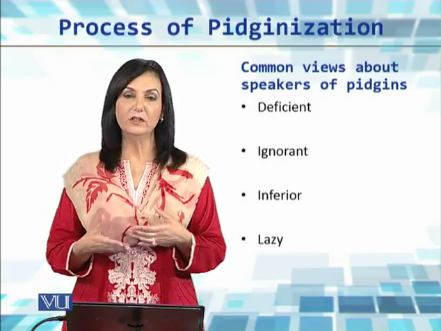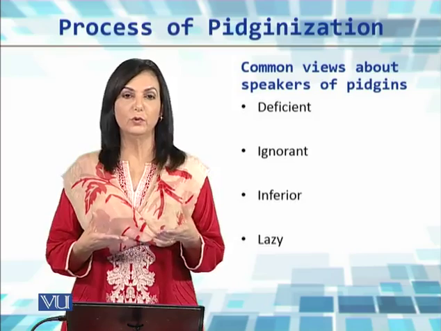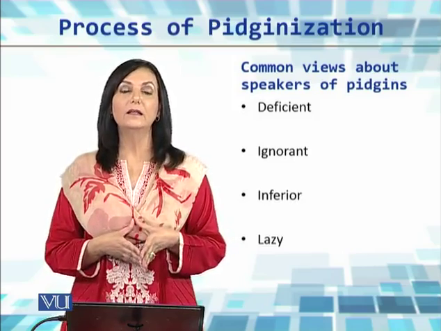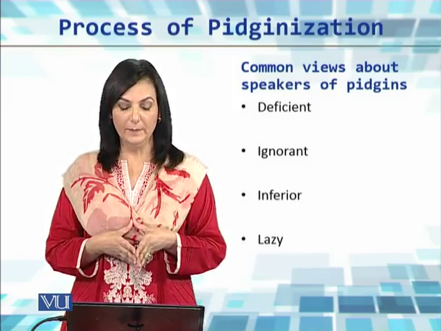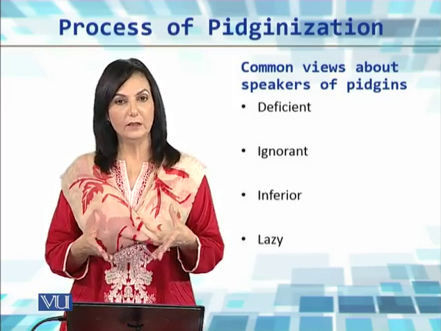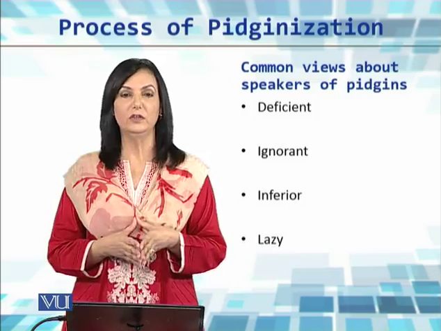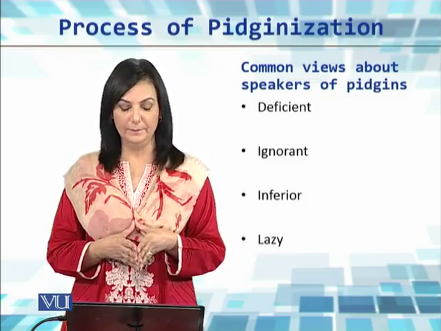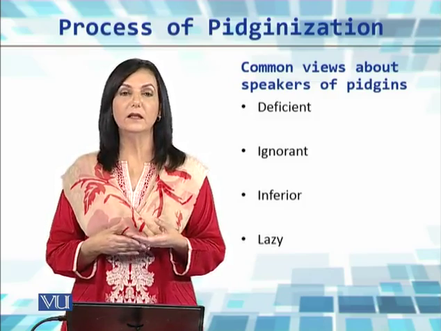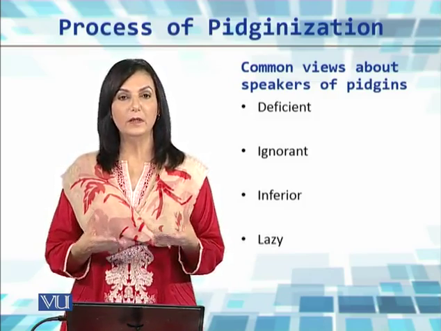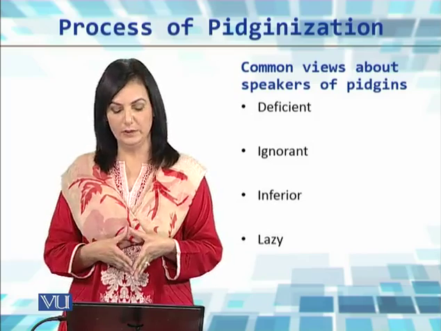So they are deficient in terms of their socio-cultural status. They are deficient also in terms of education and knowledge. They are often considered ignorant people without education, uncouth and uncultured. And because of all these reasons, they are considered inferior to the speakers of other full-fledged languages.